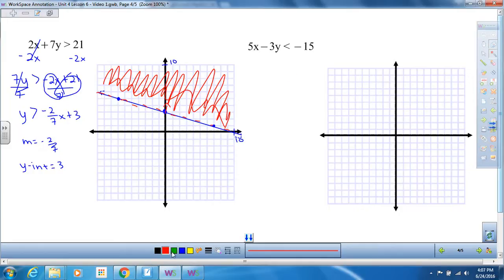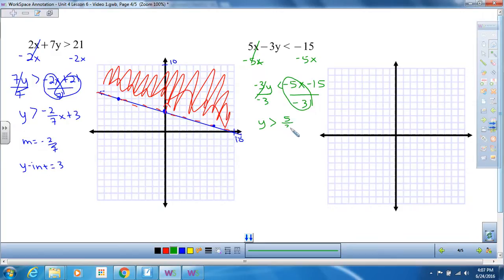Same thing for this one. We need to subtract 5x from both sides. Divide by -3, and it's an inequality, and you're dividing by a negative, so you have to flip the direction of your inequality sign.